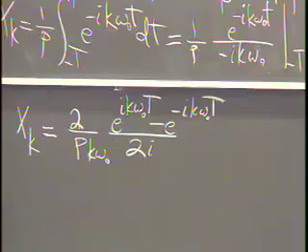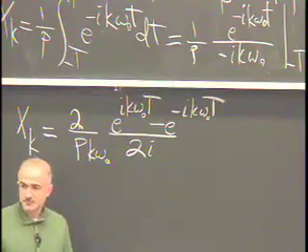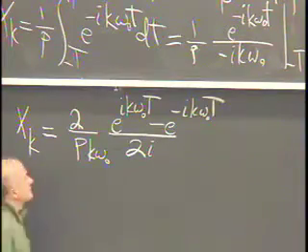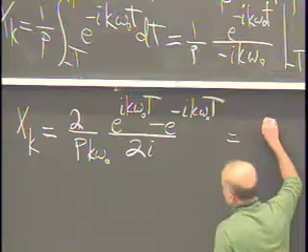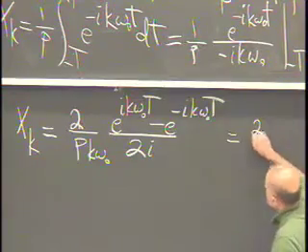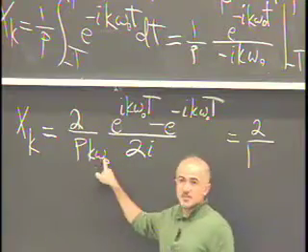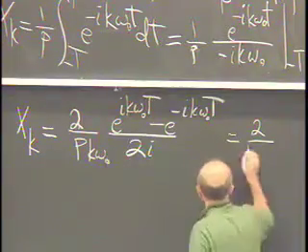Yeah? In case when k equals 0. Yes. What do you do with k equals 0? Okay, so let's assume k is not equal to 0 and see where we get. Very good point. So I have in the numerator 2 over, what's p times omega naught? 2 pi.